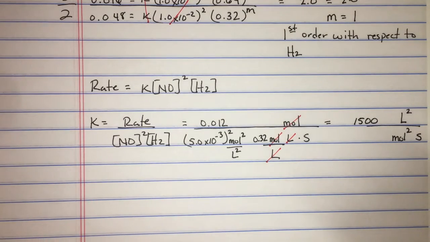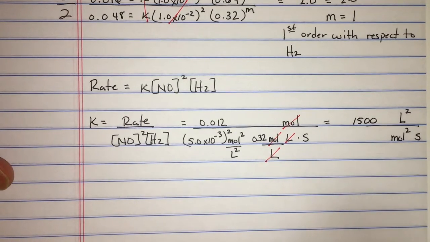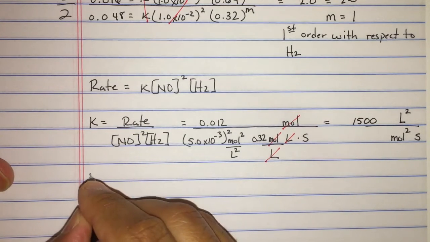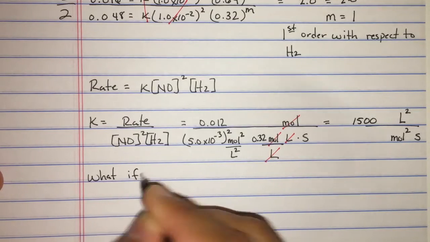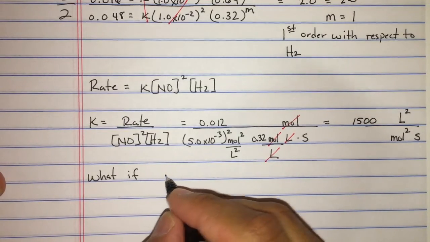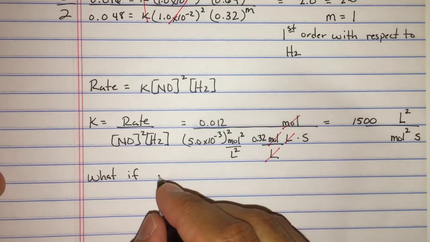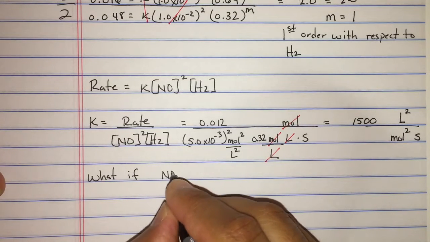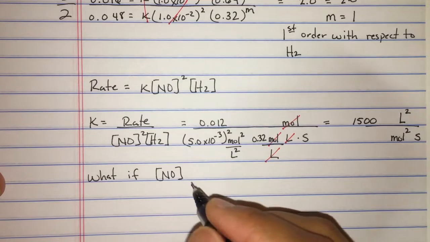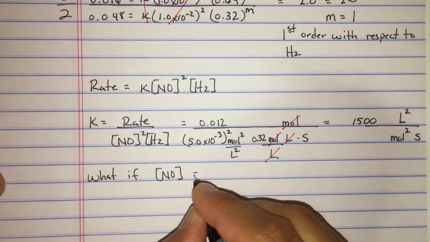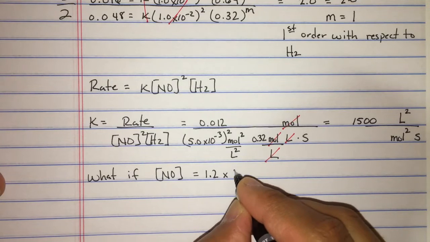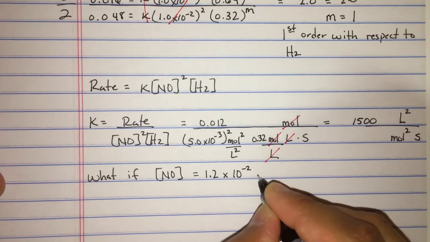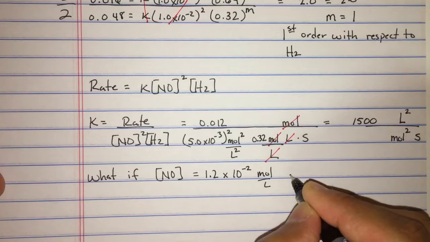Okay, so one last scenario here. What if I do a fourth experiment? And what if the NO concentration is 1.2, 10 to the minus 2 mole per liter?